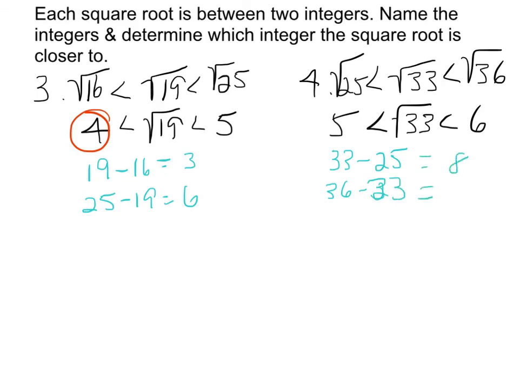Okay, and then because the difference is closest to the 6, we would say the square root of 33 is closer to 6 than it is to 5. Now you go ahead and finish the other two on your own.